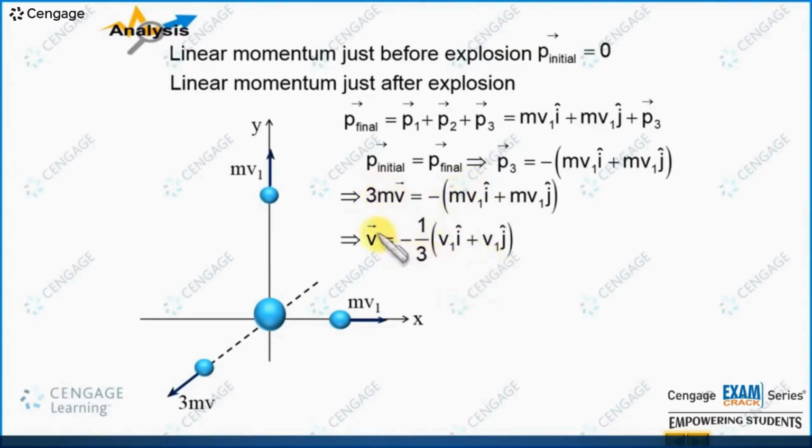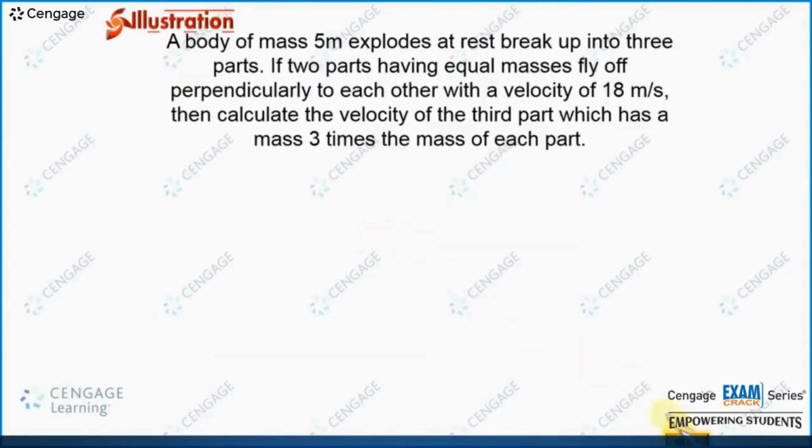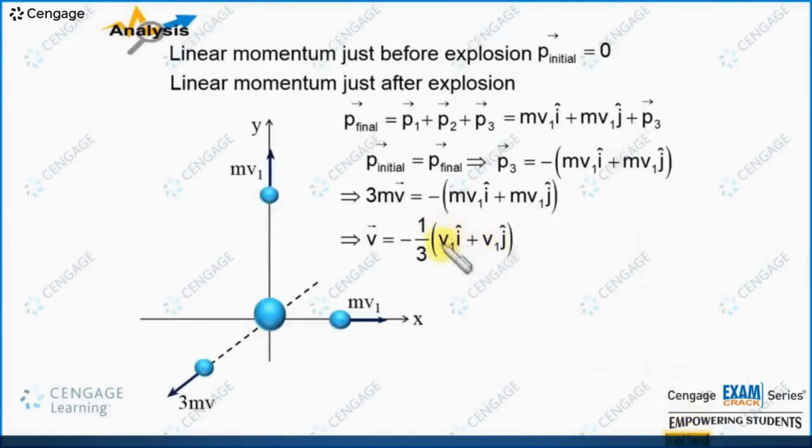So this is the velocity, and here we are given that the magnitude of the velocity of these two parts is 18 meters per second. If we substitute 18 meters per second, the velocity becomes minus 6 i cap minus 6 j cap meters per second.